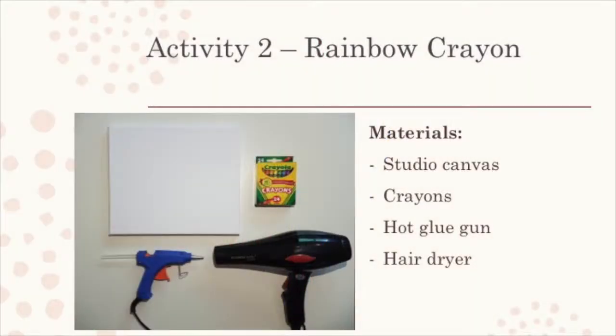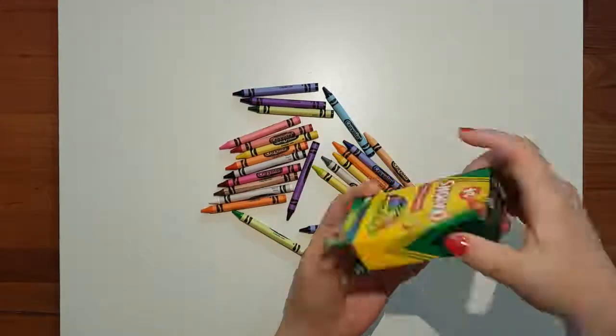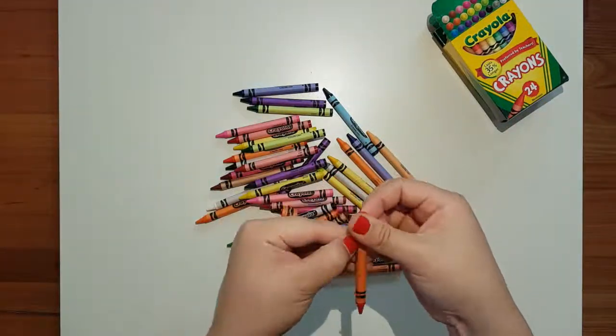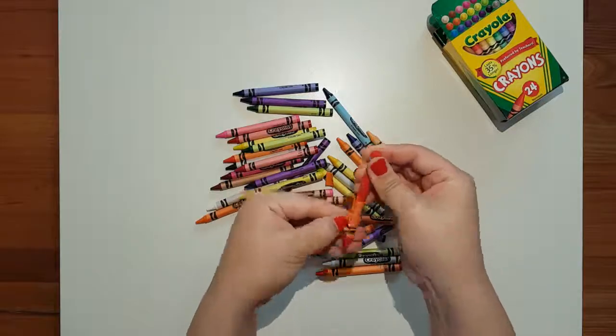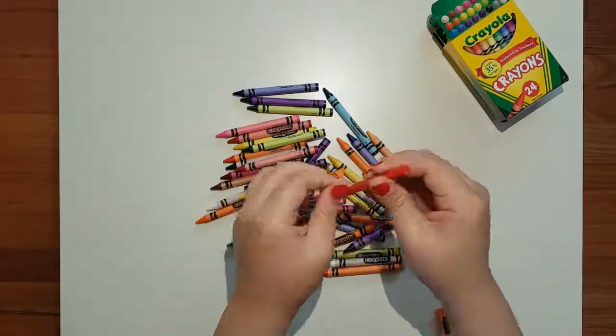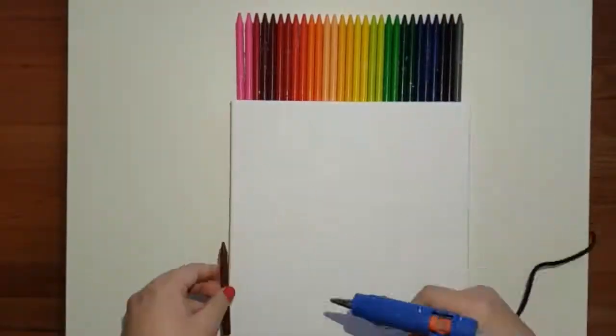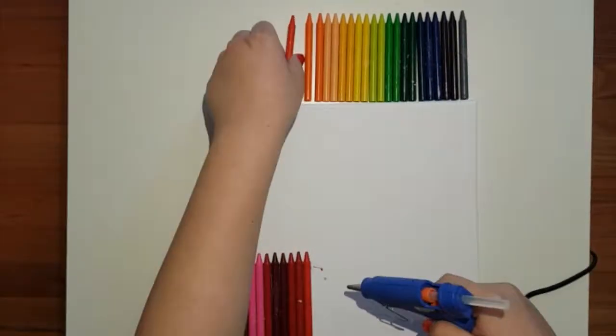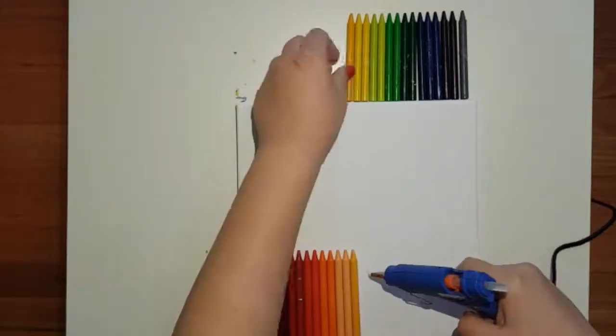Second activity is rainbow crayon, and these are the materials that you will need. Unpack crayons, and the number of crayons that you need depends on the size of your studio canvas. Then you have to peel off all the papers from the crayons. When you have finished peeling off the papers, you can arrange them in the sequence that you like.